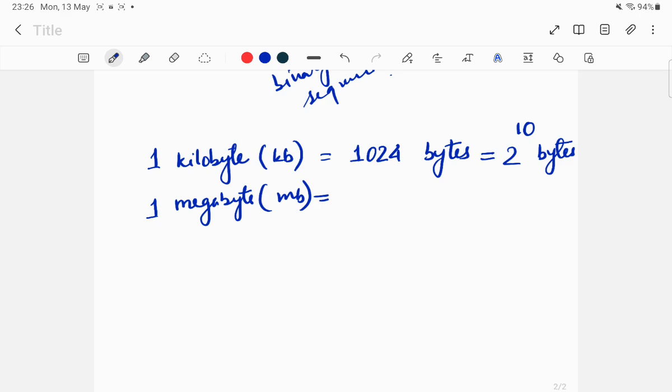So again here we have 1024 kilobytes. That is nothing but 2 to power 20 bytes.